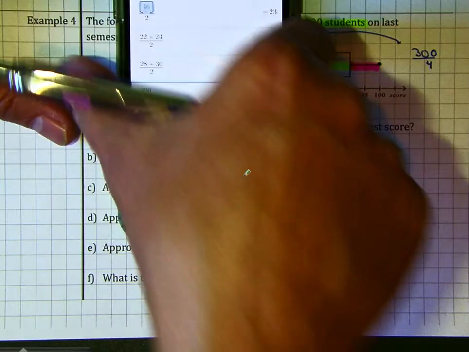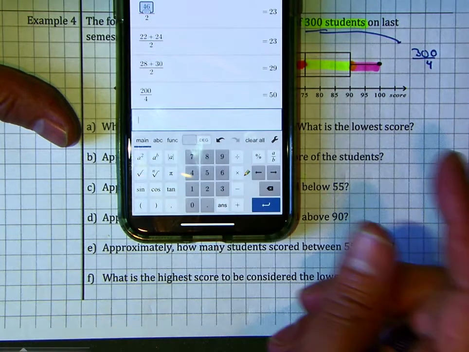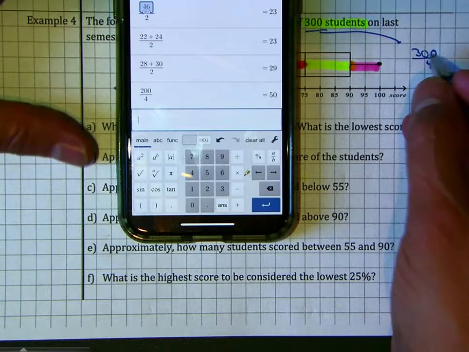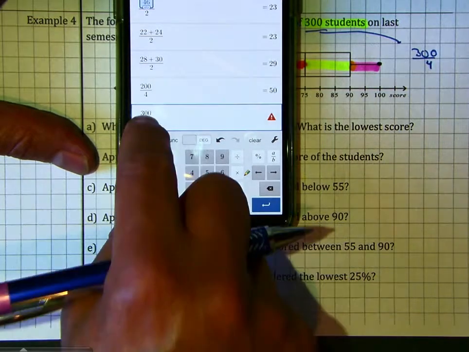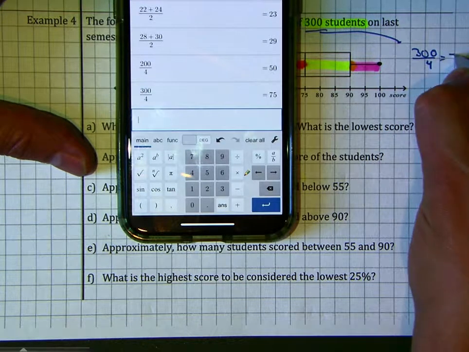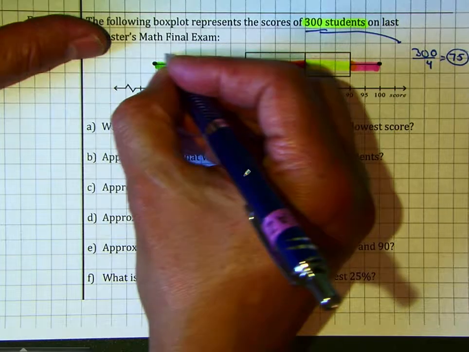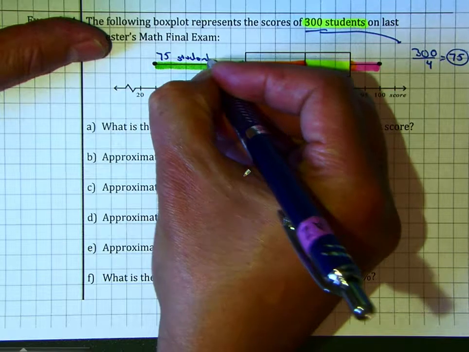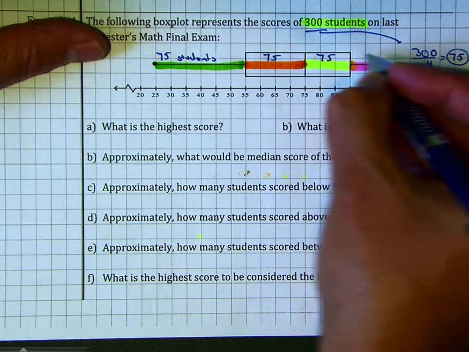And what is 300 divided by 4? One way to find out: half of 300 is 150. Half of 150 is? Correct, 75. Or you can use a calculator for this lesson, and that gives me 75. Which means that there are 75 students here, 75 here, 75 here.